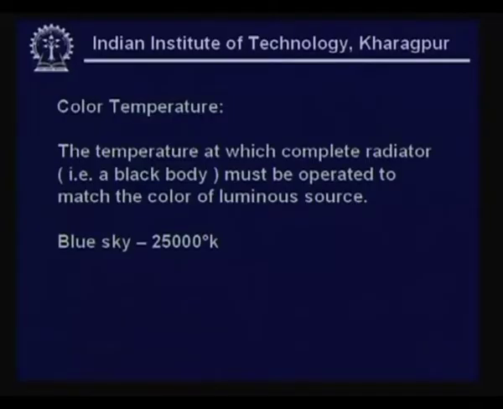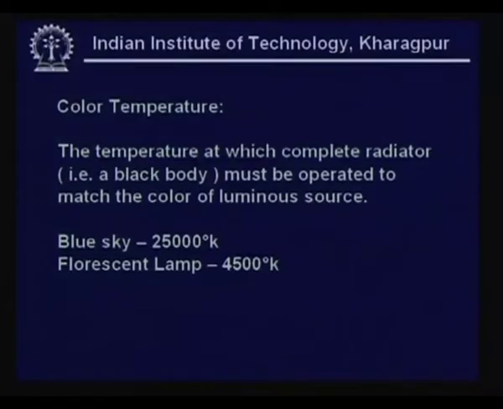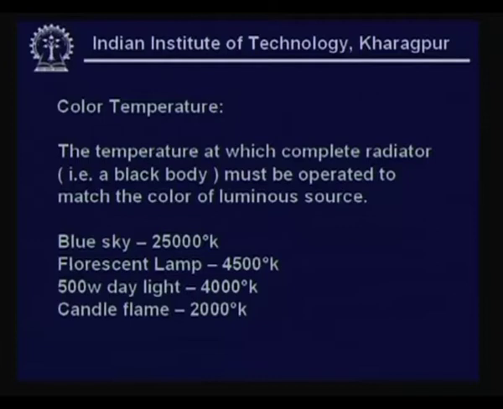For instance, the blue sky, which is all pervading, can be thought of as having a temperature of 25,000 degree Kelvin, whereas a fluorescent lamp, which we normally employ, has a temperature of 4,500 degree Kelvin. The 500 watt daylight lamp has 4,000 degree Kelvin, and the candle flame, which we are very familiar with, has a temperature of 2000 degree Kelvin.